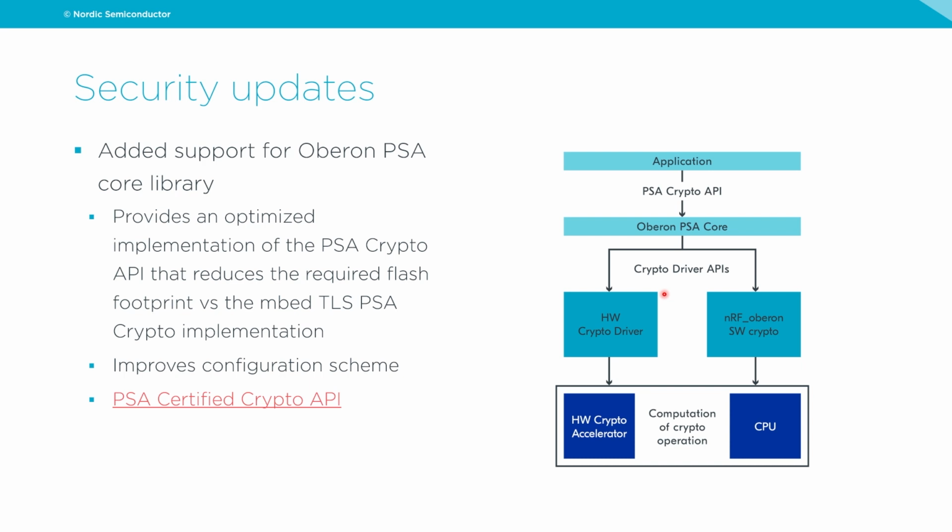If there is support from the acceleration hardware for a given cryptographic operation, it will use the hardware crypto drivers that will then access the underlying hardware crypto acceleration capabilities. And if a certain cryptographic operation is not supported through acceleration, then it will run through a software implementation that just uses general computation from the CPU to run the crypto operation.